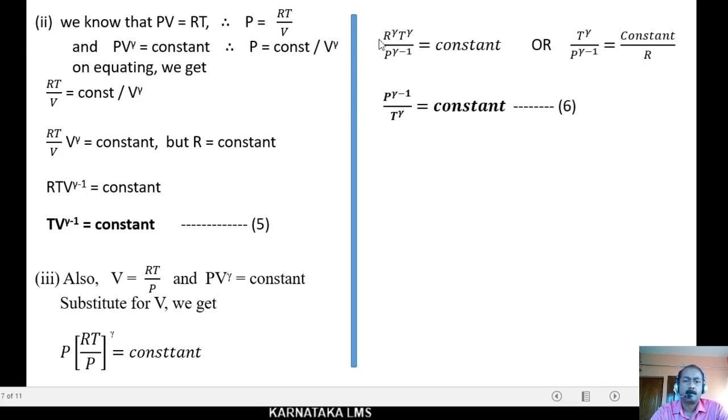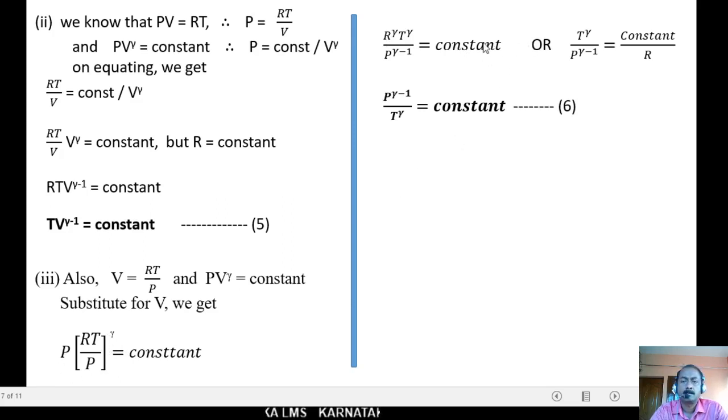Therefore, R to the power gamma into T to the power gamma divided by P to the power gamma minus 1 equals constant. On rearranging, when P in the numerator comes to the denominator, it is P to the power of minus 1, and this one is P to the power of gamma. P to the power of gamma into P to the power of minus 1 becomes P to the power of gamma minus 1.